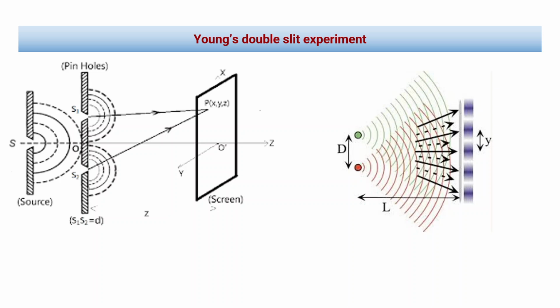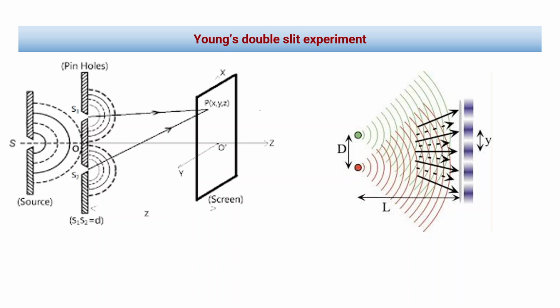If I keep another slit here with two holes in it, then when this wavefront passes through these two holes, they will behave as independent sources, as if they are the emitters of these waves.